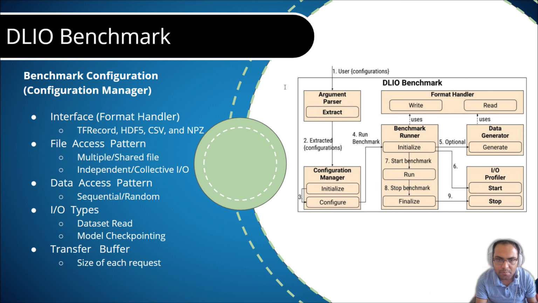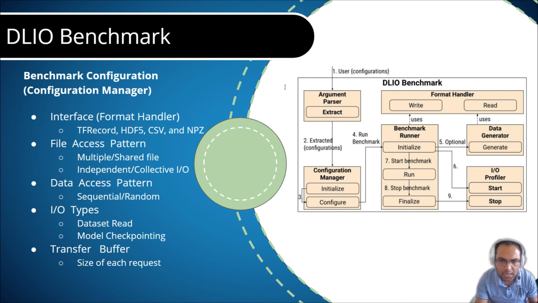The DLIO benchmark in its current state supports the following configurations as shown on the left. For the interfaces, it supports TFRecord, HDF5, CSV, and NumPy arrays. It also supports different file access patterns such as shared or multiple files with independent or collective I/O based on the support of the interfaces.